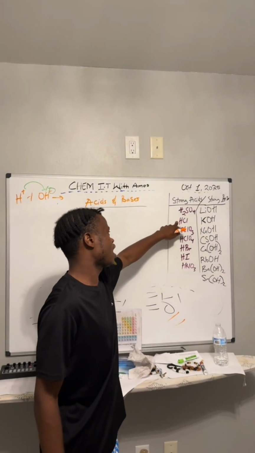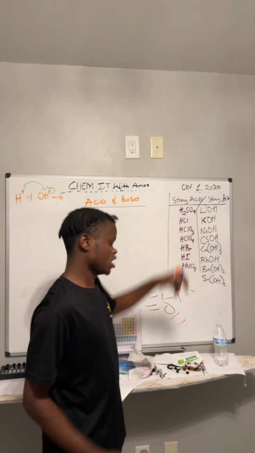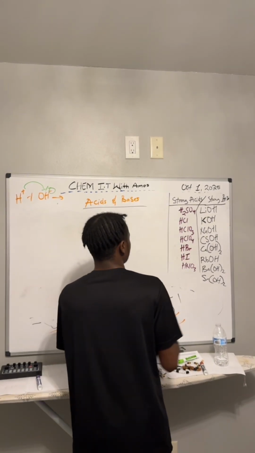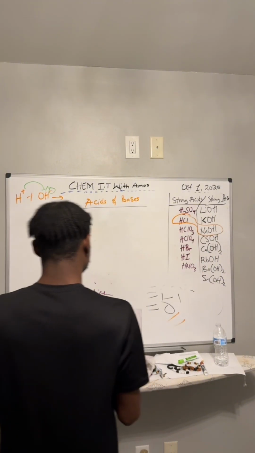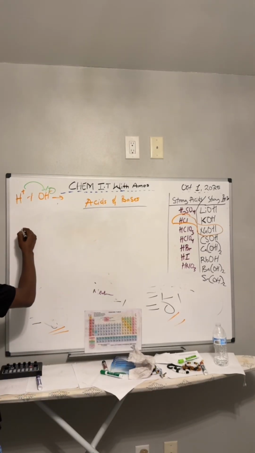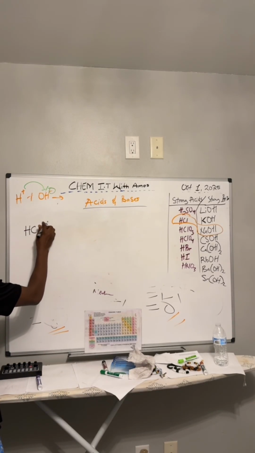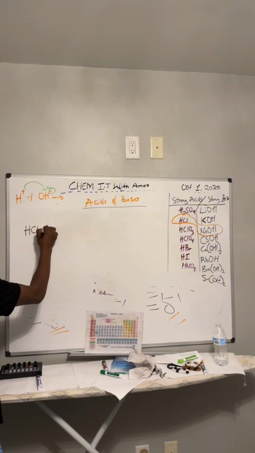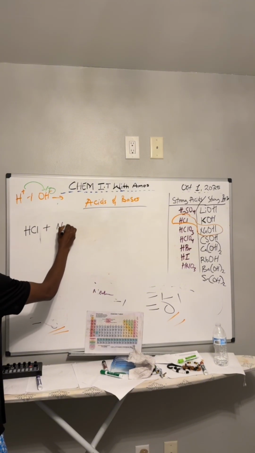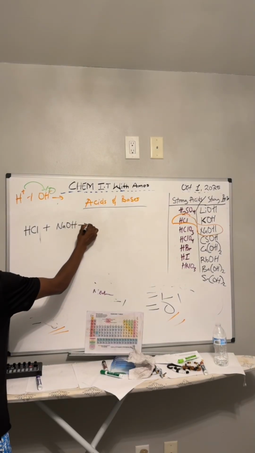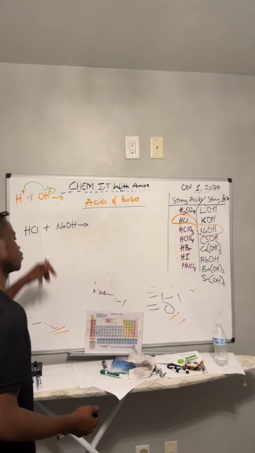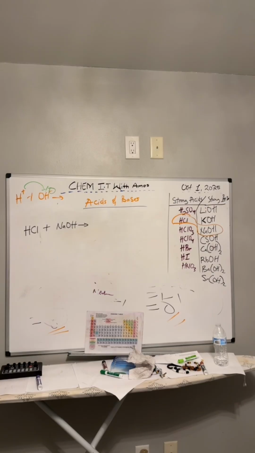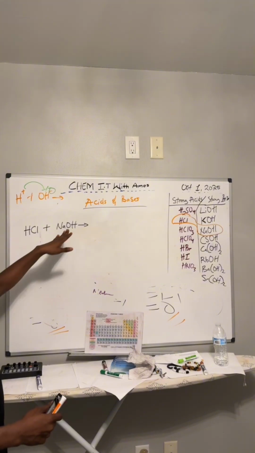If we take hydrochloric acid first, and we add it to this, we say that we have HCl plus NaOH. This is a strong acid and this is a strong base.